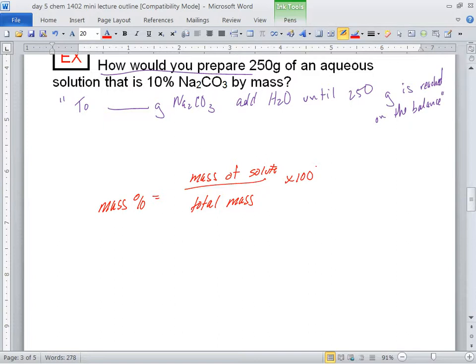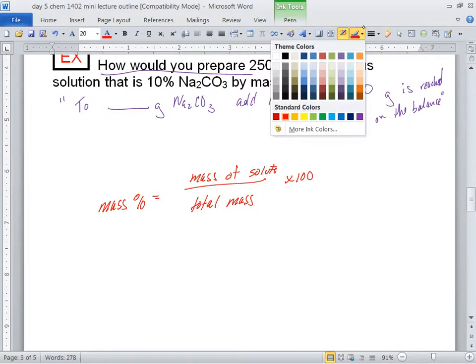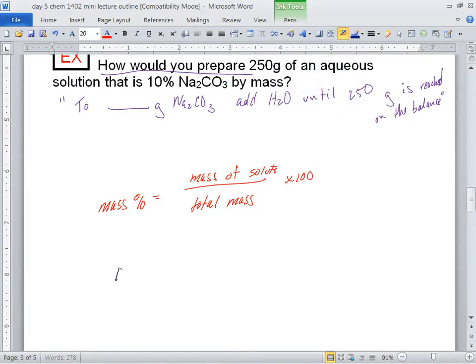How's this going to work? 10% would go under mass percent. Yeah, the 10 goes under the mass percent. Good. Then what? 250 grams. Yeah, I agree with that. X on top. And don't forget the times 100.